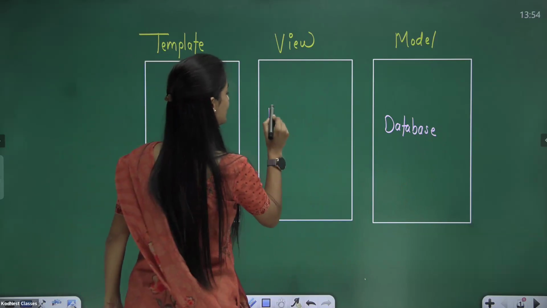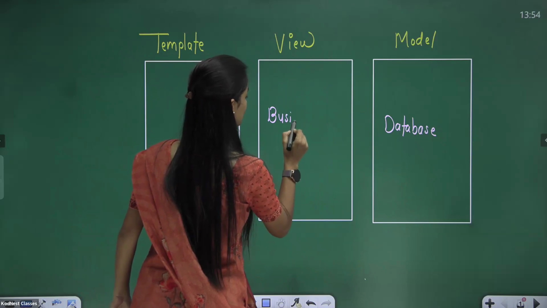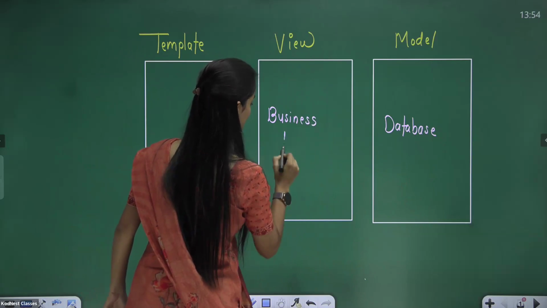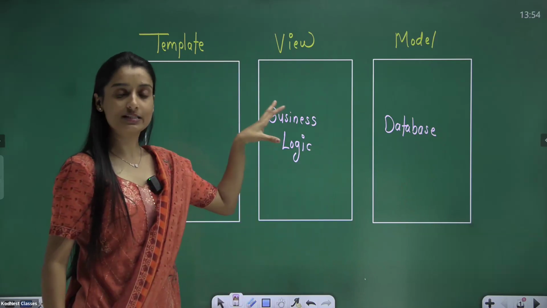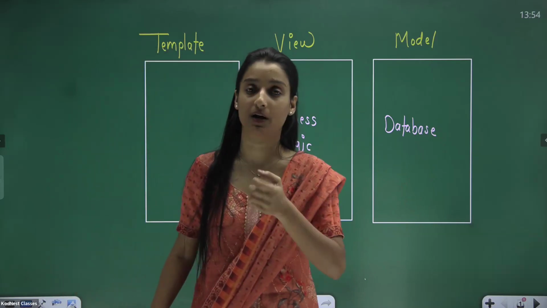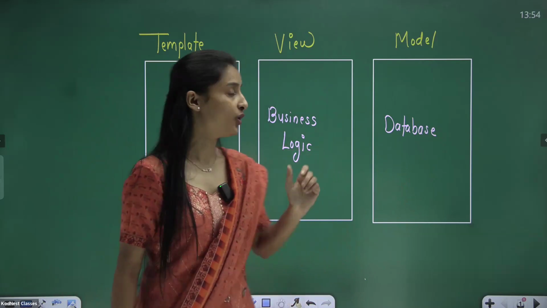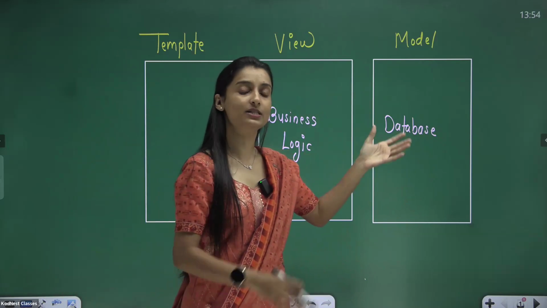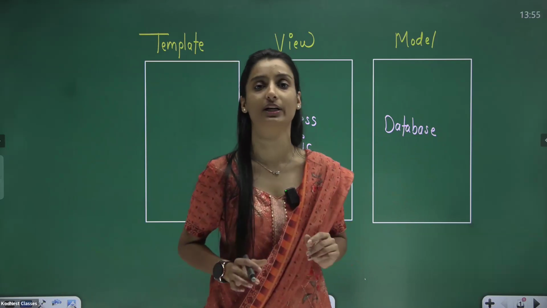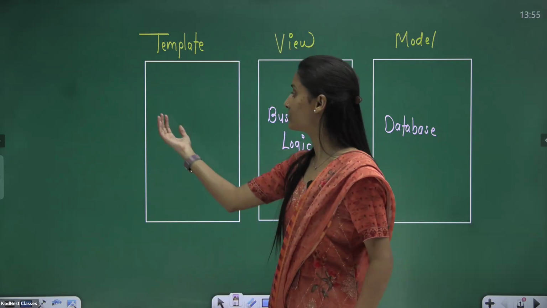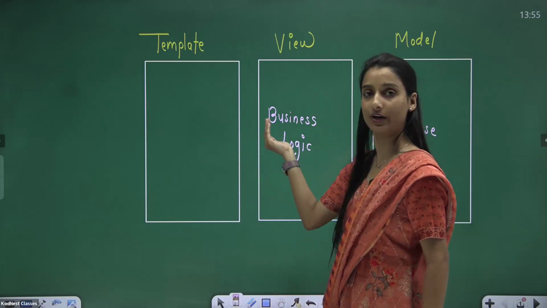The next layer of the application is view. View is nothing but your business logic. Now what is business logic? Your business logic is responsible to accept the incoming request from the user. It will go to the database, process, and take whatever data we want to display on the front end. Not only that, let's say the user is sending some data from the front end.